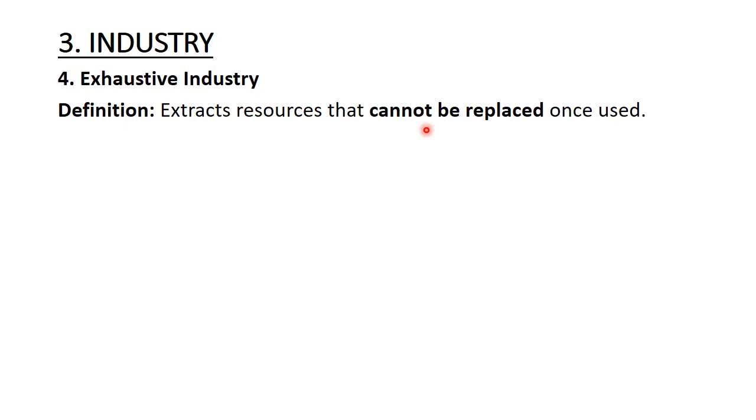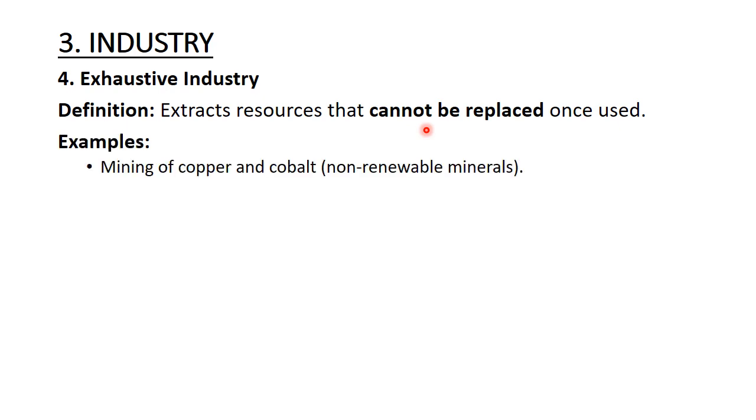Okay, so that's the difference between extractive and exhaustive. So exhaustive exhausts all the resources from the earth. So examples, we have mining of copper and cobalt. So this is both extractive and exhaustive, because once you remove the copper, it is done.